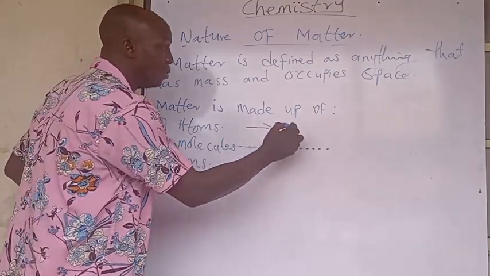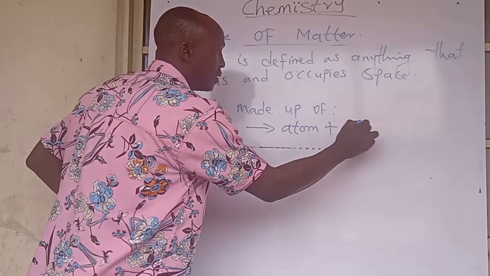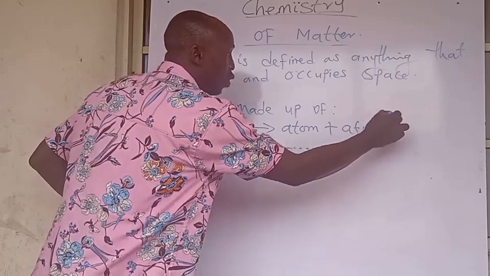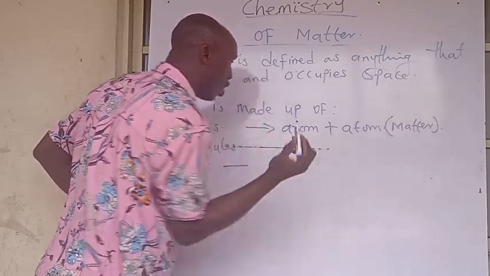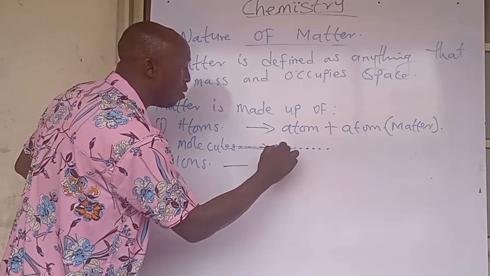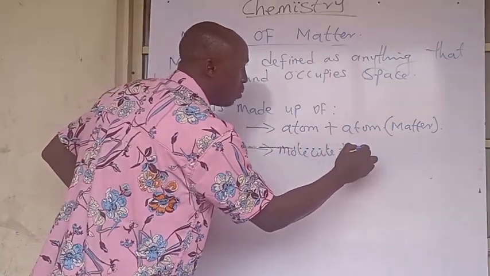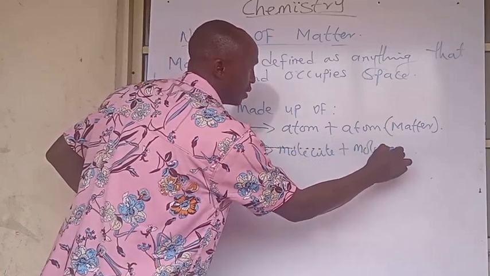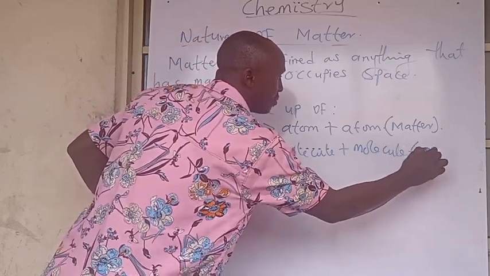So let me take this one first for atom. It could be one atom plus another atom to form a particular matter. Or it could be a molecule plus another molecule to form a particular matter.